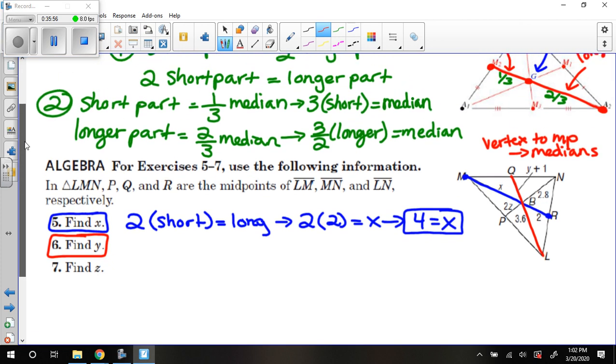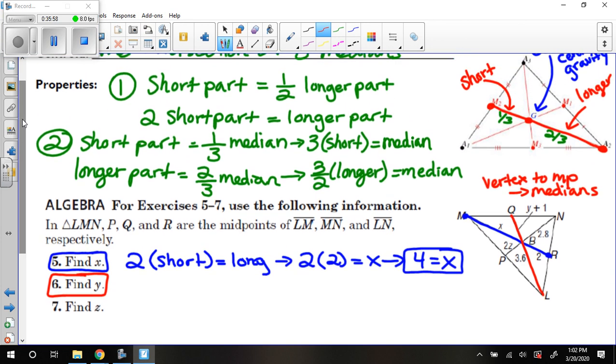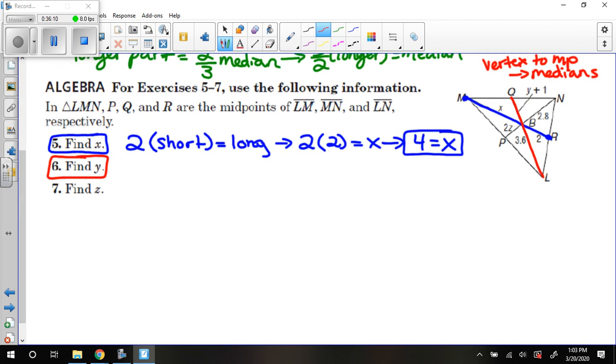Since y is on the short piece, I'm going to focus on this first property: the short part is half of the longer part.